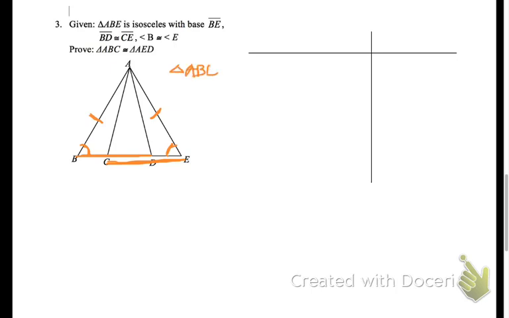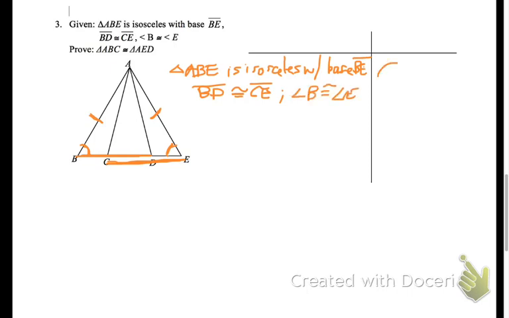So triangle ABE is isosceles with base BE. Of course, we always start out with our given statements. So here's what we know from what's given. Always start out with what's given.